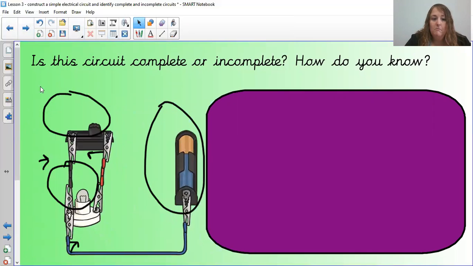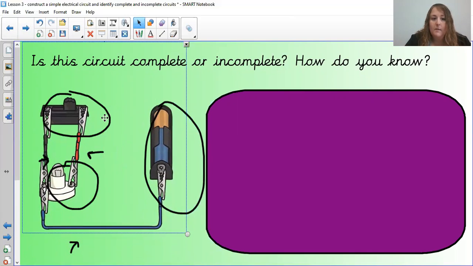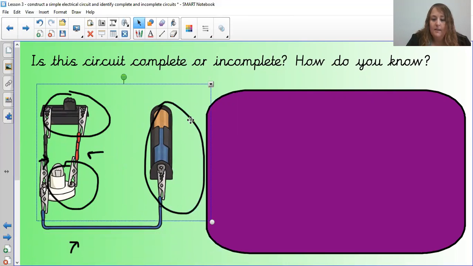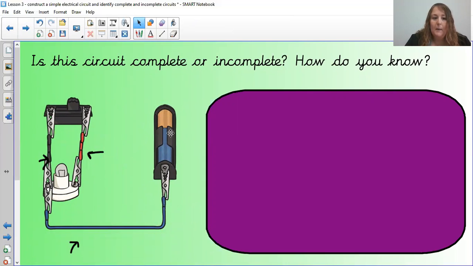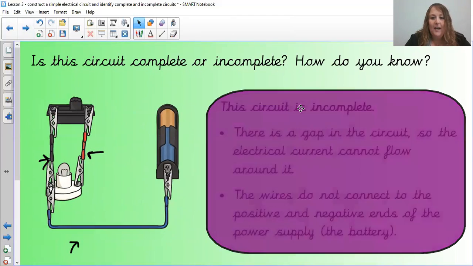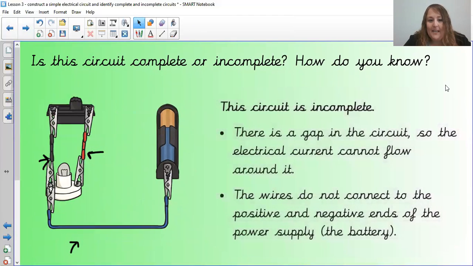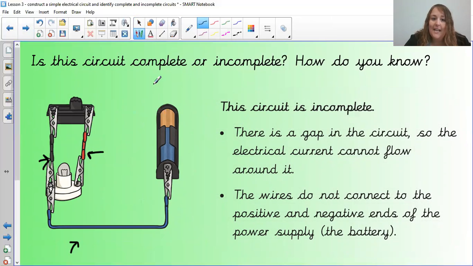And I'm just going to move away some of the drawing I've just done on there. Do you think it's complete or incomplete? Okay, this circuit is incomplete because there is a gap in the circuit. So the electrical current cannot flow around it. So there is nothing connecting to this end of the battery. And we know from the previous page that it has to be both ends of a battery.